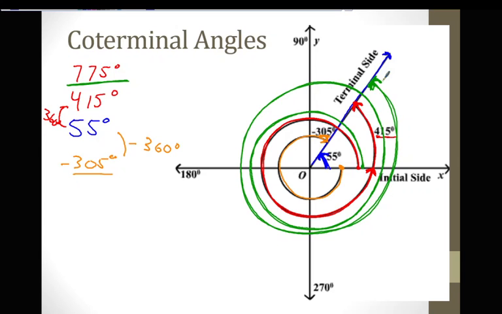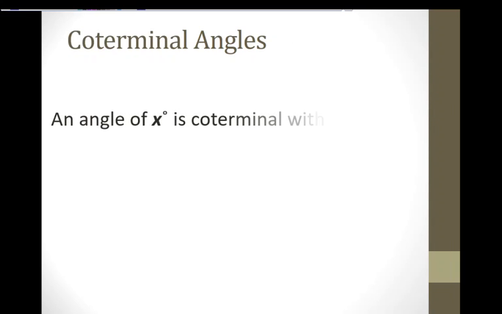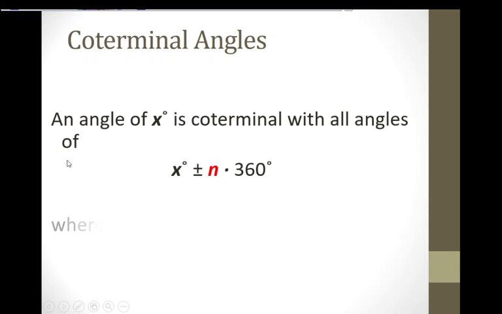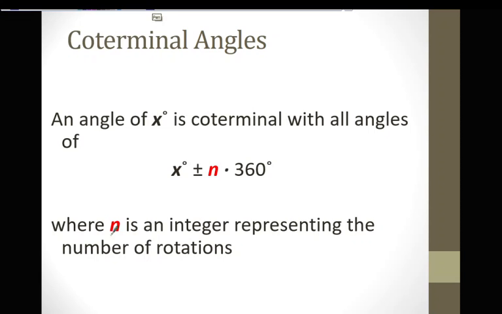Okay? That's what coterminal angles are all about. So basically, when we have an angle and we say it's coterminal with other angles, you take your angle and add or subtract 360 degrees. N represents the number of rotations.